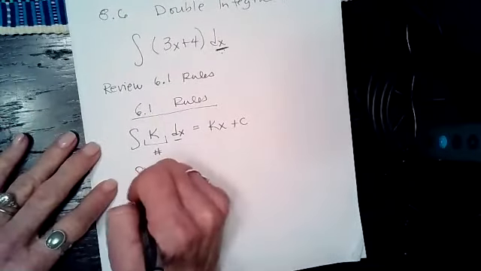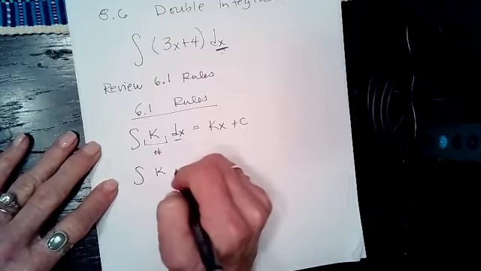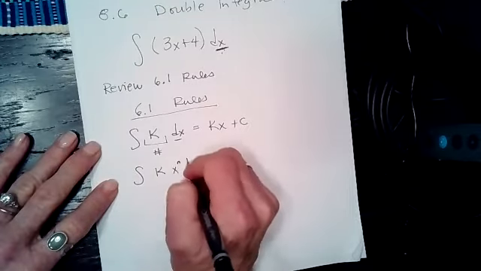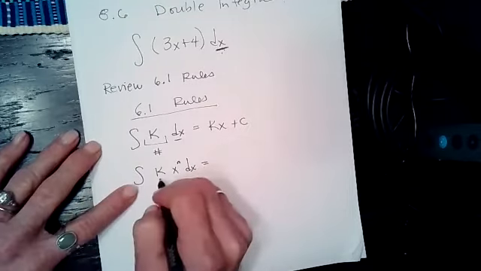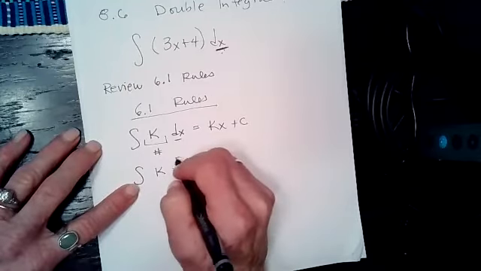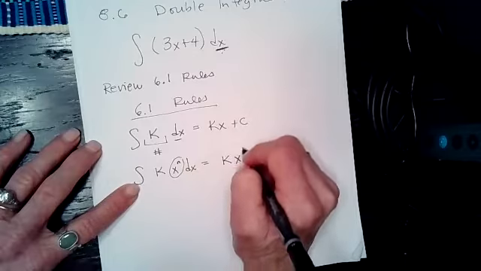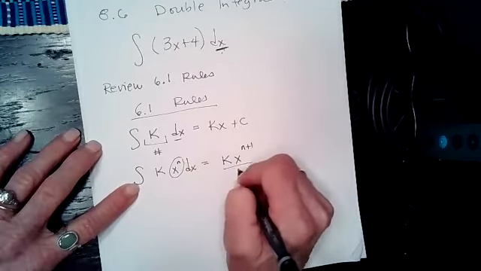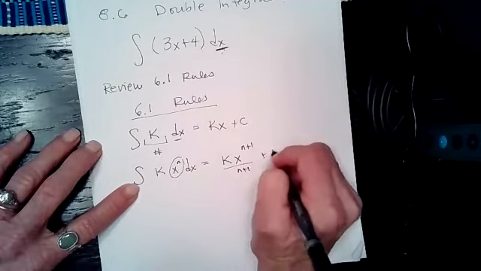And if I have an integral of a constant times x to a power, I bring over my constant, and then I just integrate the x term. So I add 1 and divide, plus c.